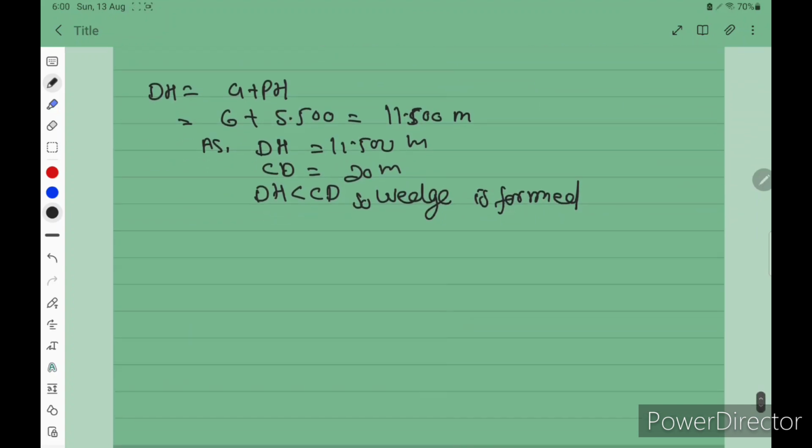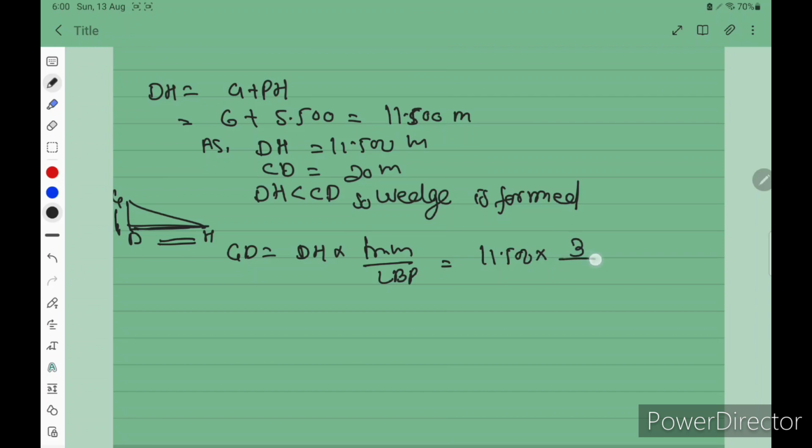Now we have to calculate the volume of the wedge. Before that we have to calculate the area, and before the area we have to calculate the height, because this is a triangle. So this is DH, the base we already have; we have to calculate GD, the height. So GD is equal to DH into trim by LBP, so 11.500 into 3 divided by 171.87 is equal to 0.201 meters.